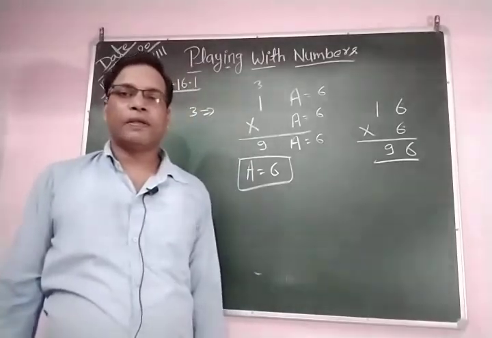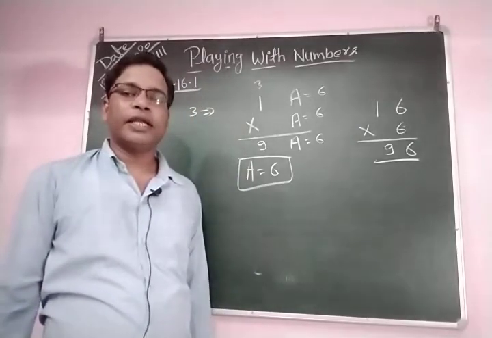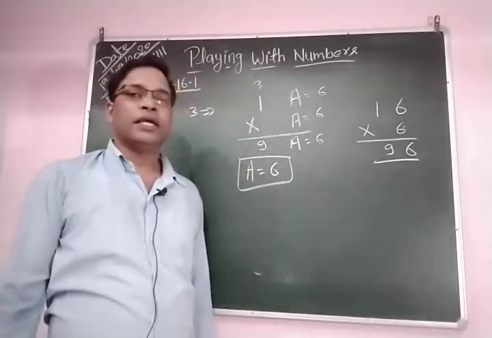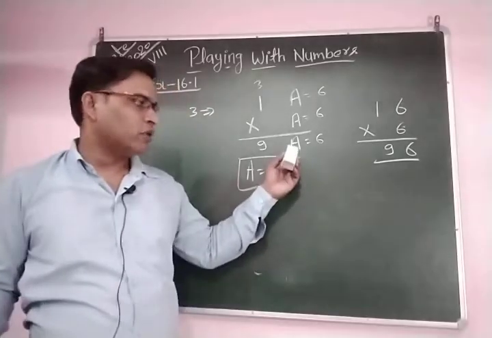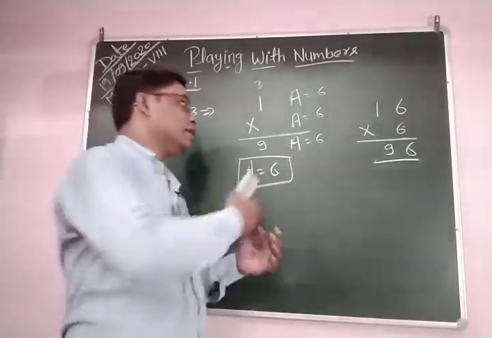Here we use the try and error method to find the value of A in these questions. Which method do we use?